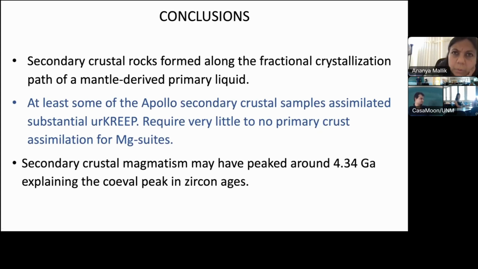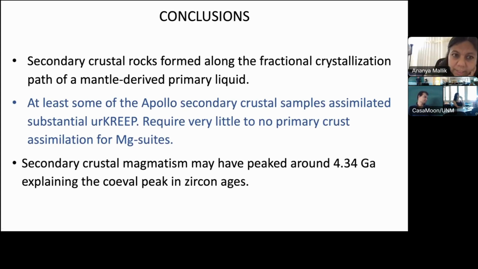By all the rocks in the moon, you mean like the secondary crustal rocks mostly? Well, all the rocks that you talked about and showed on your diagram. Yeah, so of course, that diagram that I showed had some really well-dated MG suite rocks, which lie close to that zircon peak that we see at 4.34.